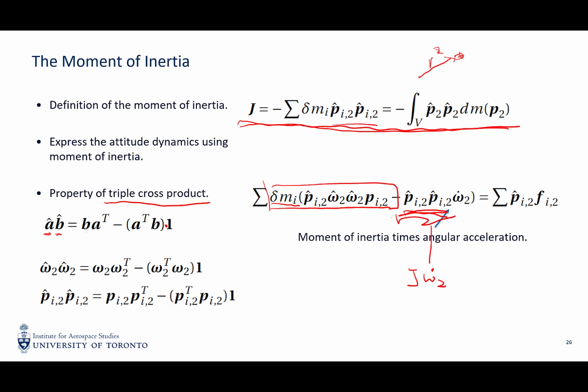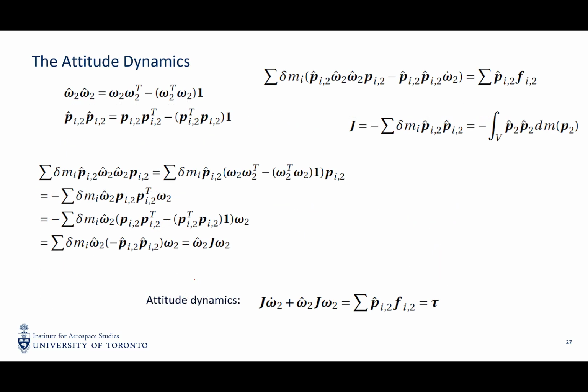So for these two matrices multiplied together, we can replace the matrix multiplication with this result. Remember, we have this relationship based on the triple vector product, and we also know that the moment of inertia is in this format. So this term is just J times omega 2.